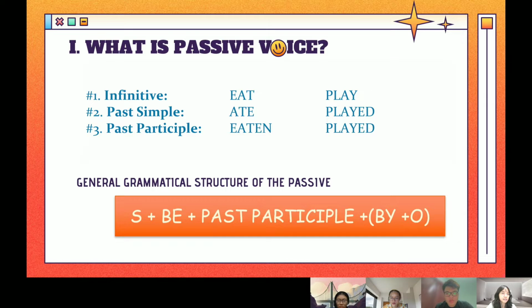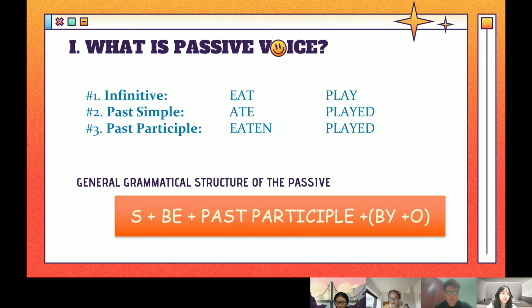So to change this sentence into the passive voice, we do like this. Move the object to become the new subject. In turn, we change the subject to become the new object with the word by in front.